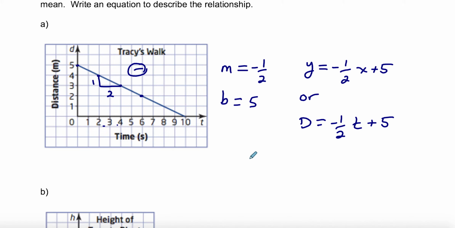What do these actually mean, though? So the plus 5, she is actually starting 5 meters away from an object. That's what the 5 means. It actually has a meaning in this equation. The -1/2 is the fact that she is going closer to an object at a speed of 1 meter every 2 seconds.